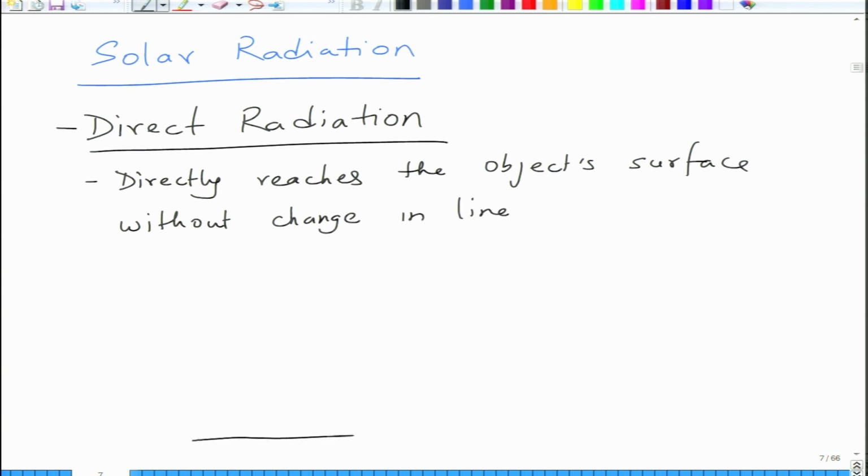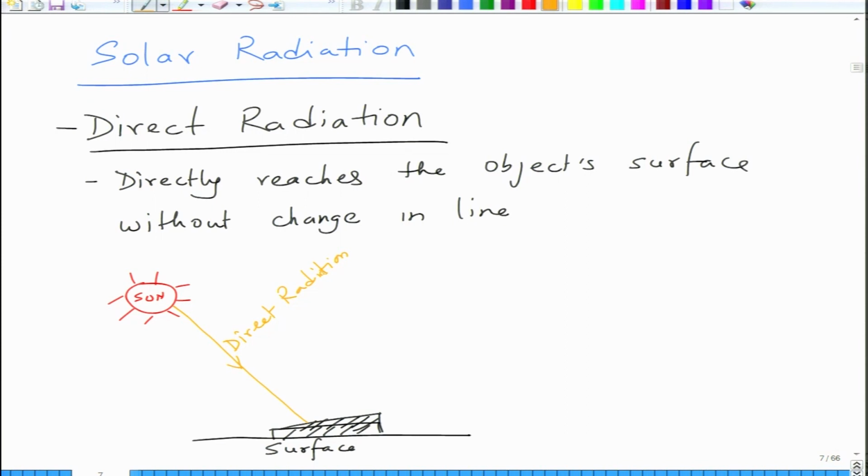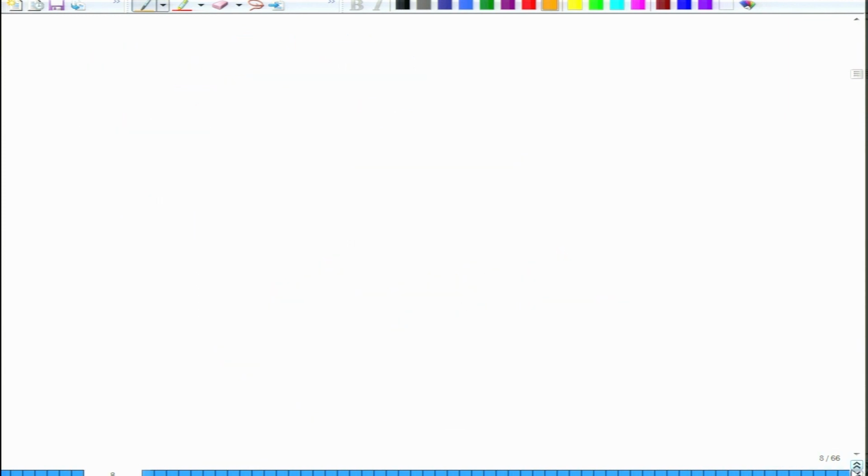If you have this as a horizontal surface, and somewhere here you have your panel, inclined like this, and somewhere here you have your sun, this is your direct radiation, without any change of line.